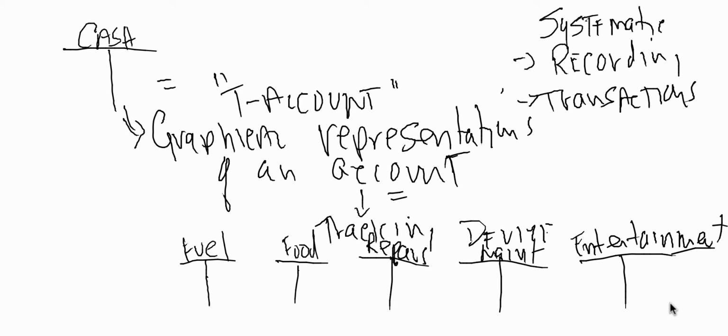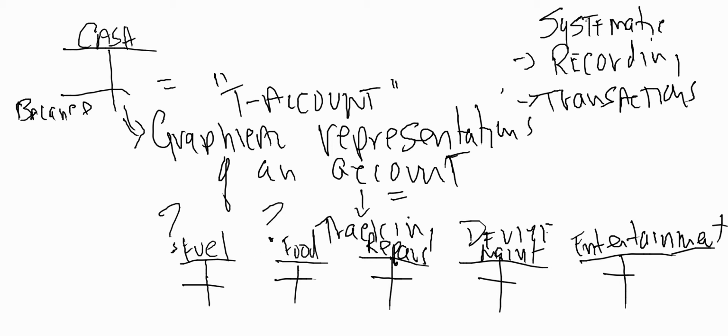The beautiful part about this is that, at any particular moment, I can get a balance in these accounts. And that is part of the beauty behind accounting. How much do you spend in fuel every month? How much do you spend in food every month? I don't know. I mean, I do know, because I have an accounting system for my own personal use.